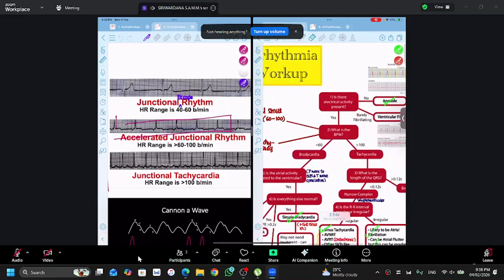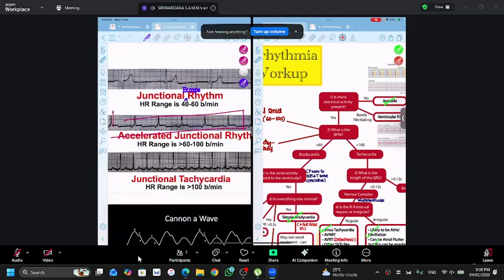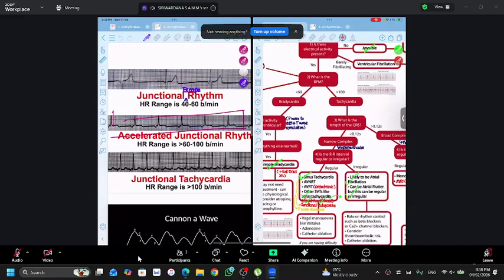Now first thing, is electrical activity present? Yes, there are spikes. What is the beats per minute? When you count this, roughly around 2 squares, so that is 150 beats per minute. So therefore, this is definitely a tachycardia. Now is this narrow complex or broad complex?